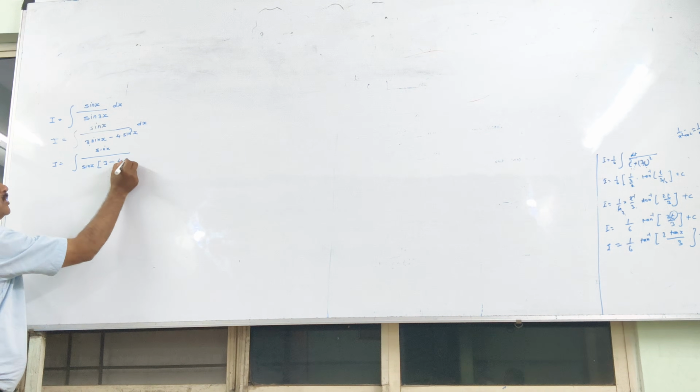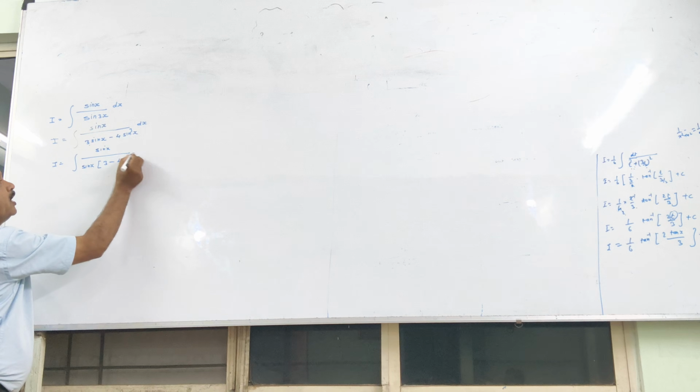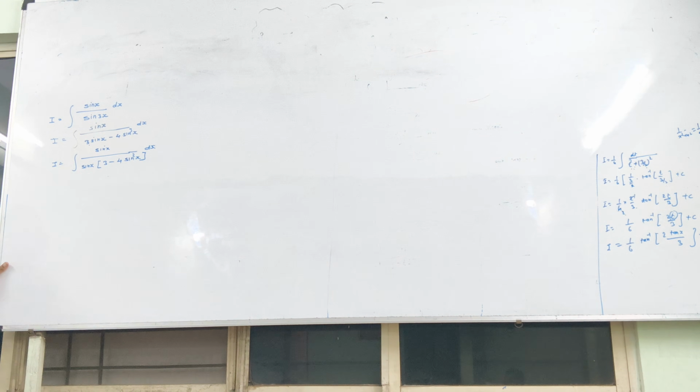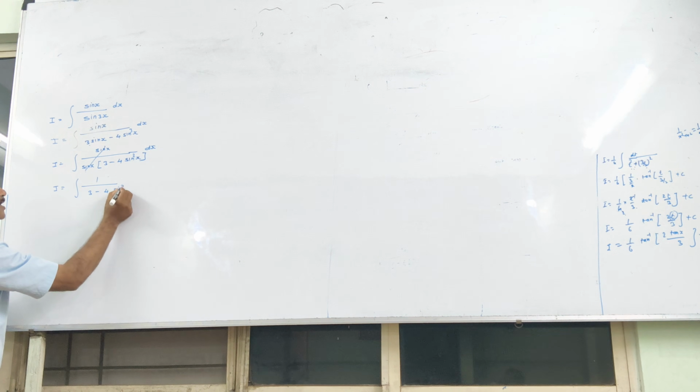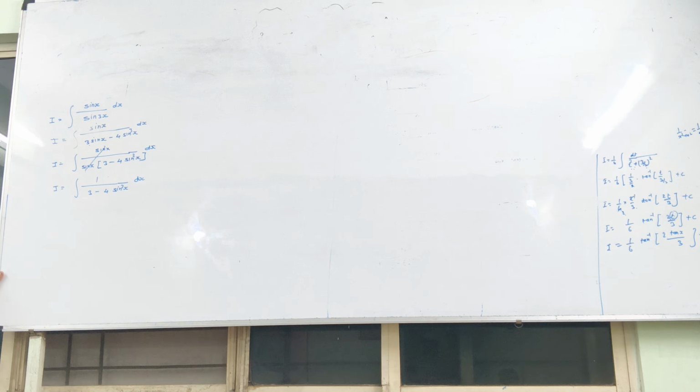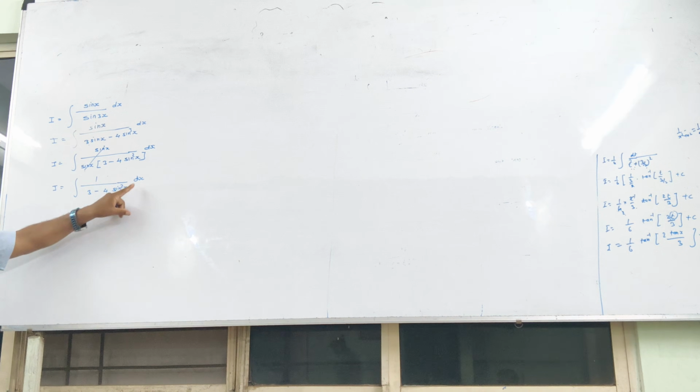It becomes sin square x into dx. So sin x gets cancelled. Therefore I equal to integration of 1 upon 3 minus 4 sin square x into dx. Correct? Integration of 1 upon 3 minus 4 sin square x.